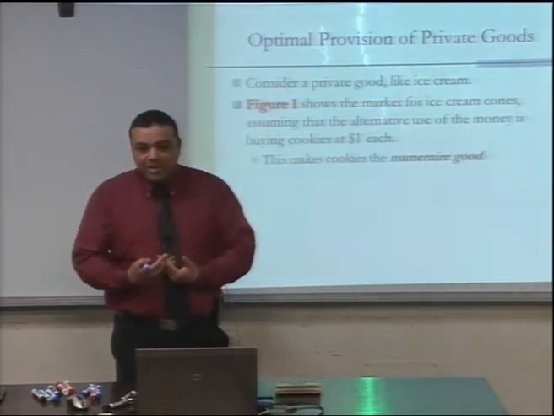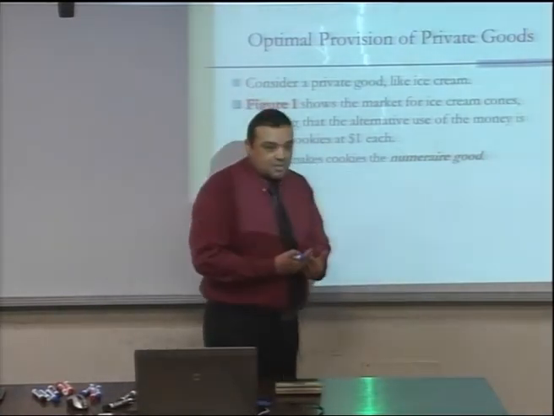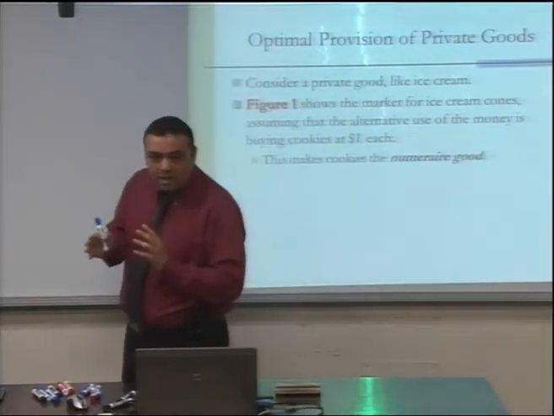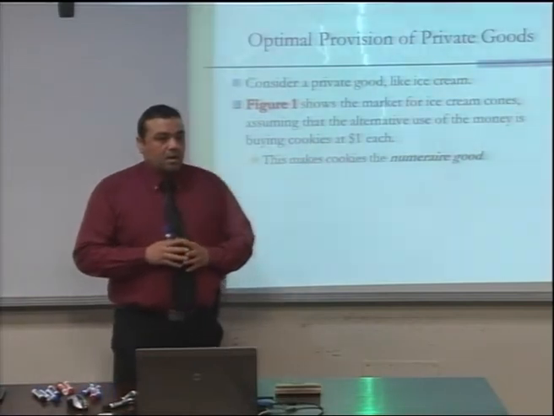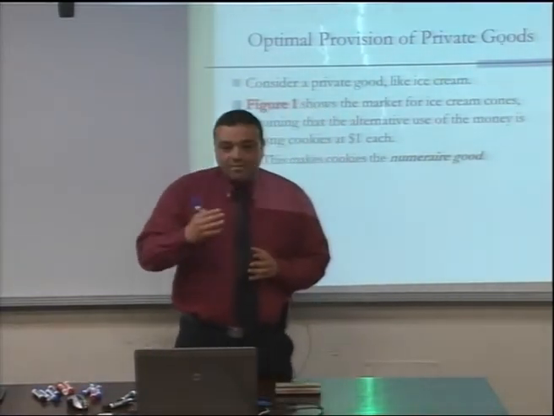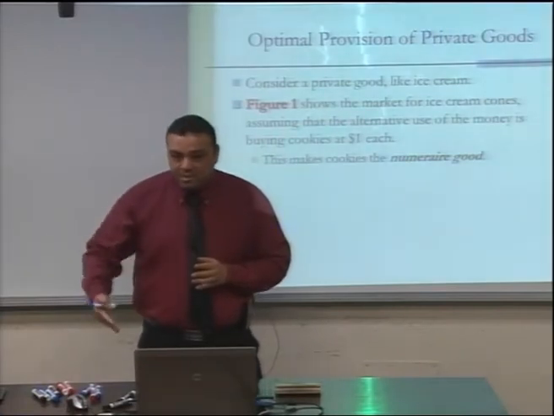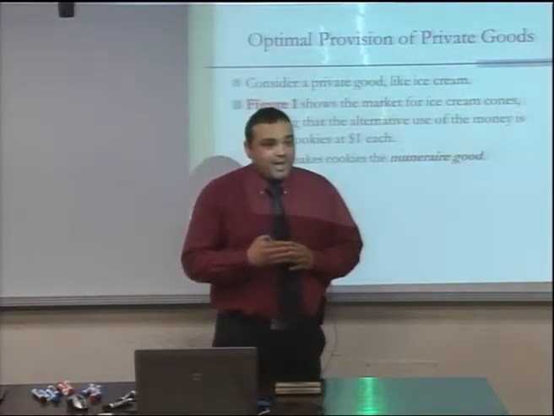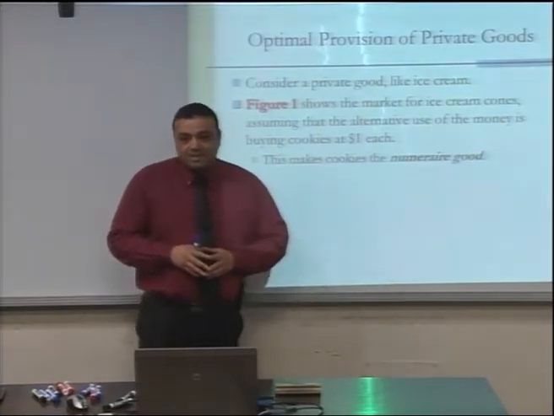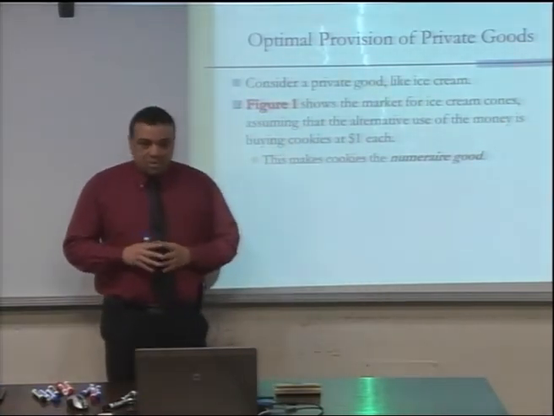And in between we have impure goods. Sometimes we can see a good that would have rival and non-excludable, or excludable and non-rival. And we had some examples related to these points.